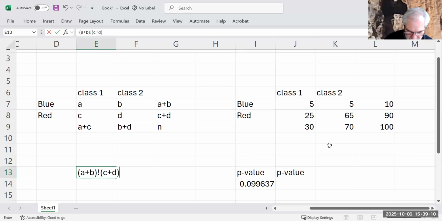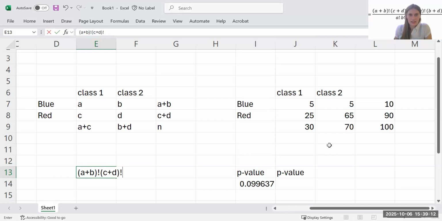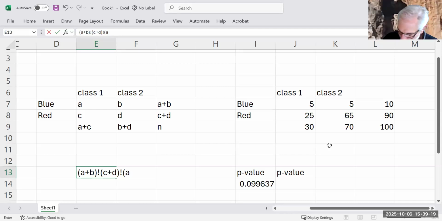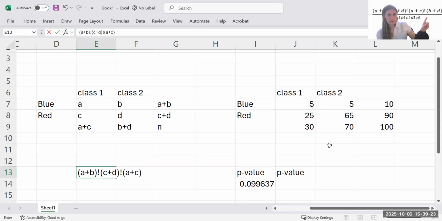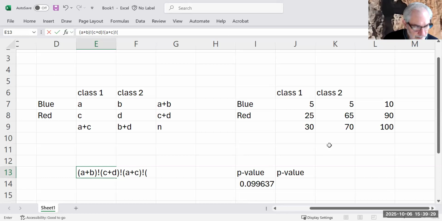So these factorials are the rows in the contingency table, and then we've got to do the columns. So A plus C factorial, and then multiplied by B plus D factorial. The factorial is missing over there.